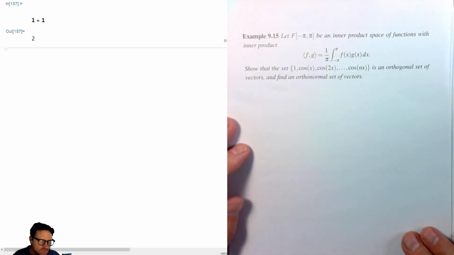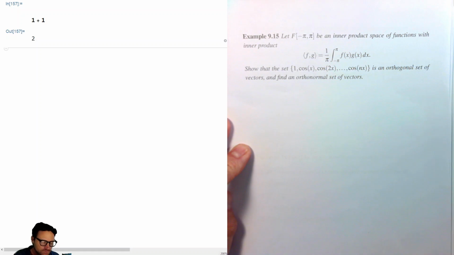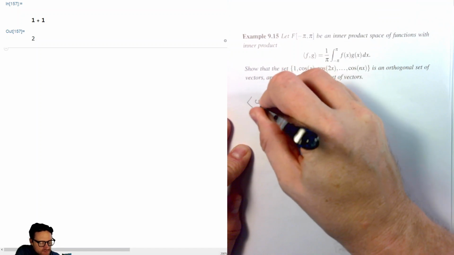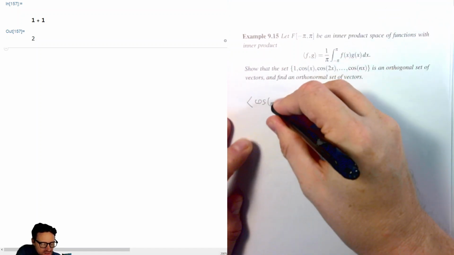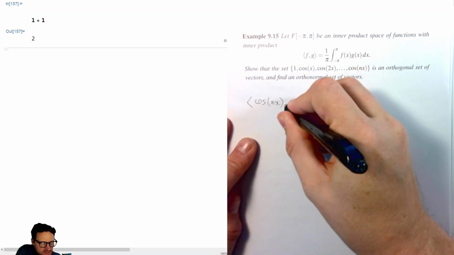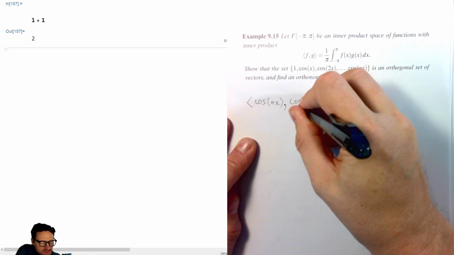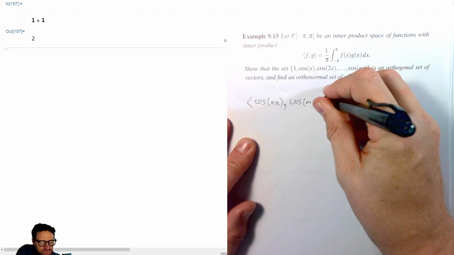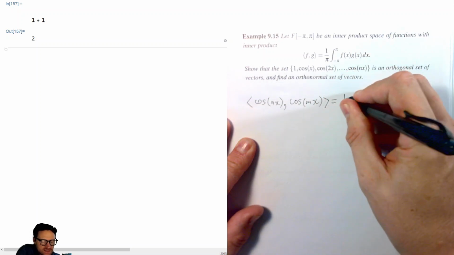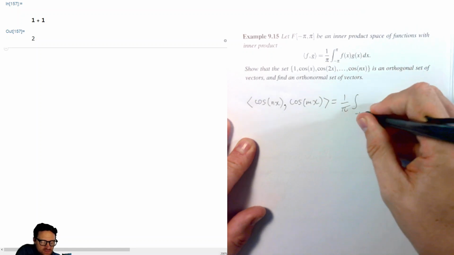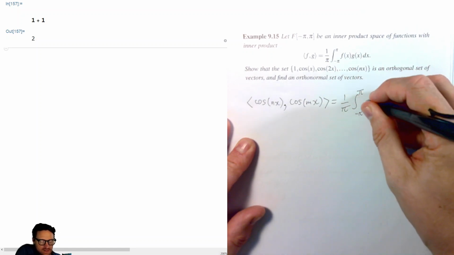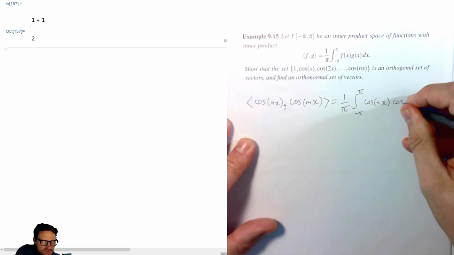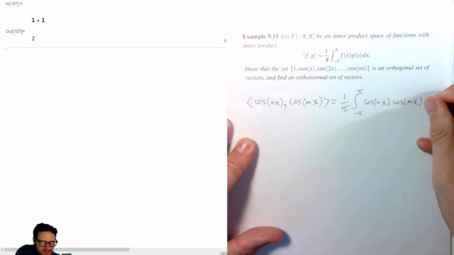So we want to show that the integral, let's write this out first, of cos of nx inner product with cos of mx is 1 on pi times the integral from minus pi to pi of cos of nx times cos of mx.